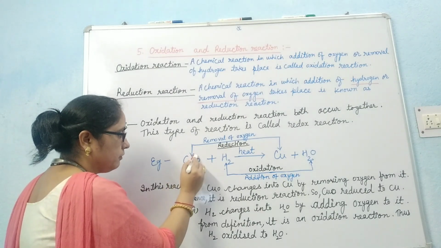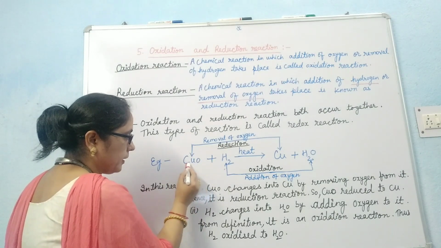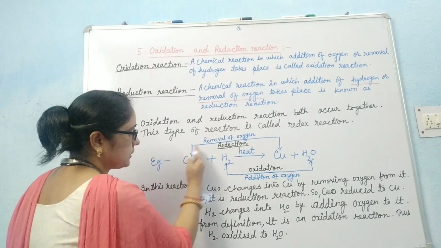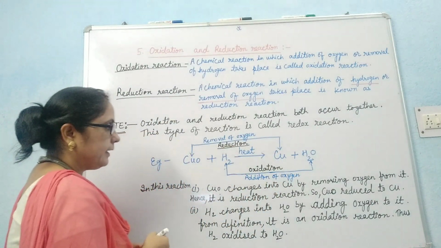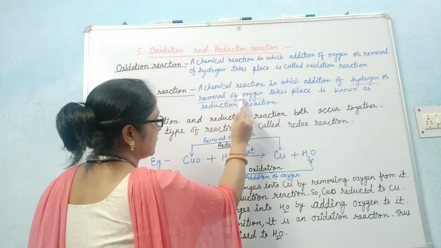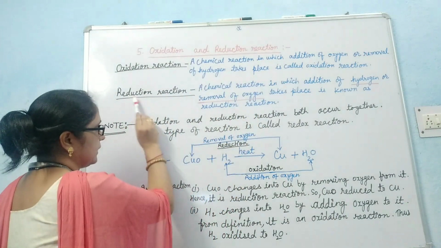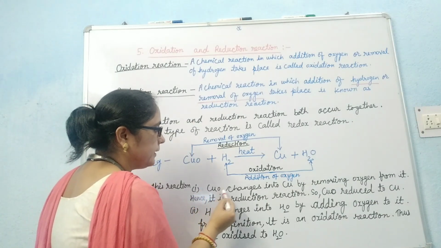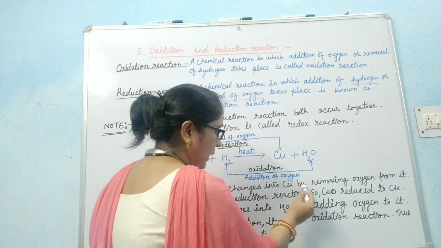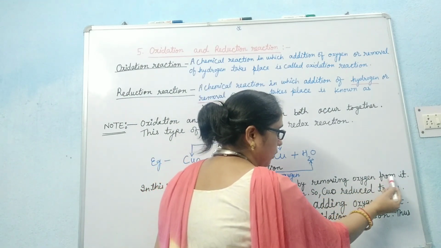By the removal of oxygen. When copper oxide removes oxygen it converts into copper, and the removal of oxygen is called reduction reaction. It is written here, copper oxide changes into copper by removing oxygen from it.